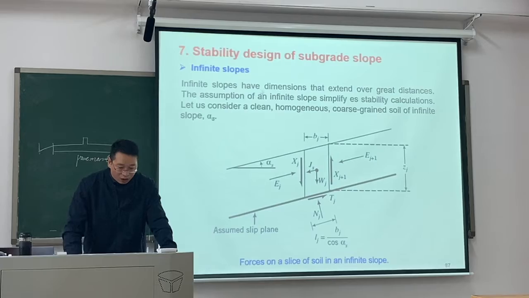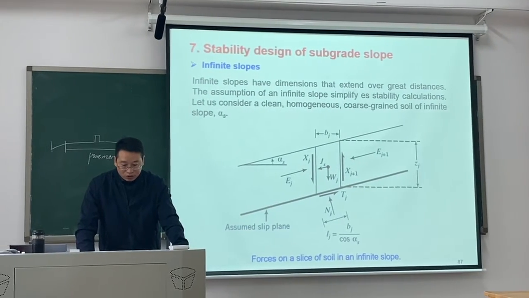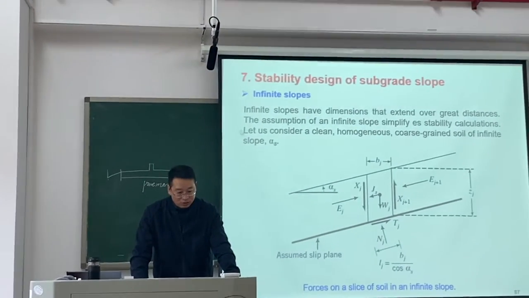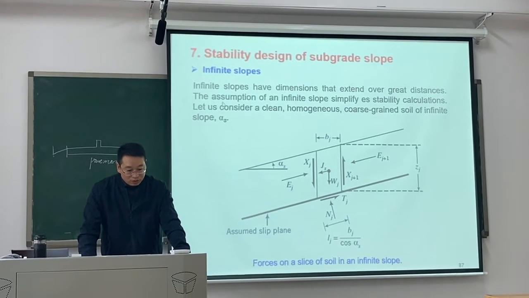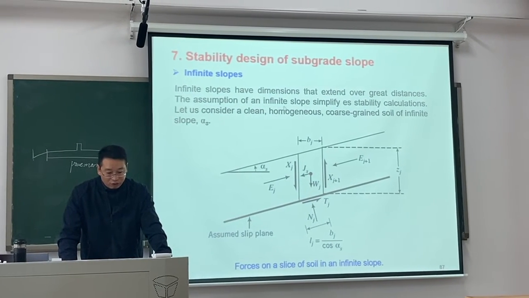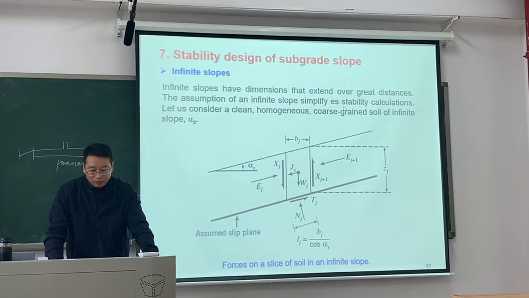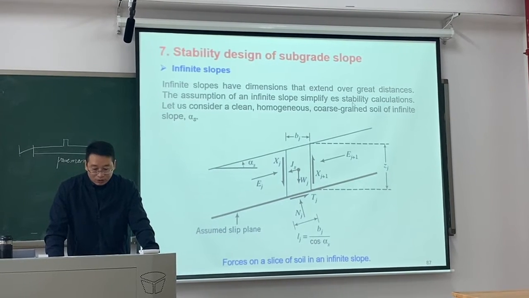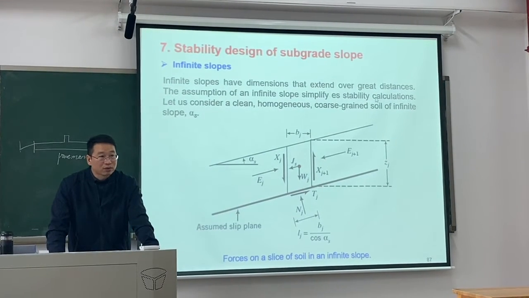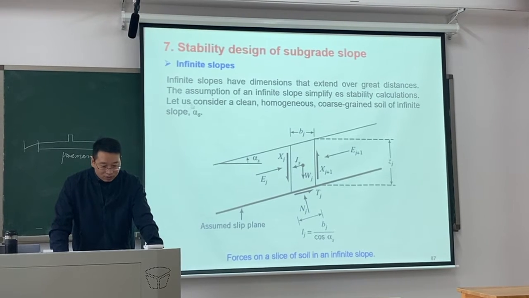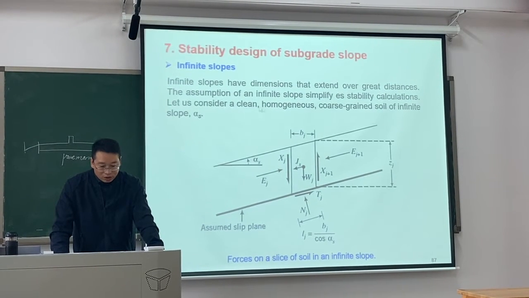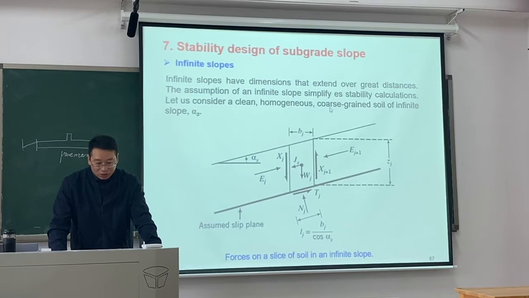Infinite slopes have dimensions that extend over great distances. The assumption of an infinite slope simplifies stability calculations. Now consider a clean, homogeneous, coarse grained soil of infinite slope.